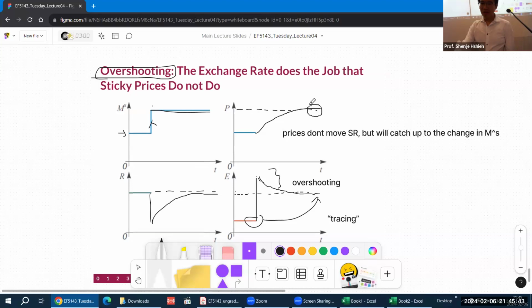That's when interest rates don't move, right? Monetary policy becomes ineffective, which is what we see here. We see interest rate move because of sticky prices, but if nothing else happens, right, interest rates must restore back to its original level because prices have moved.